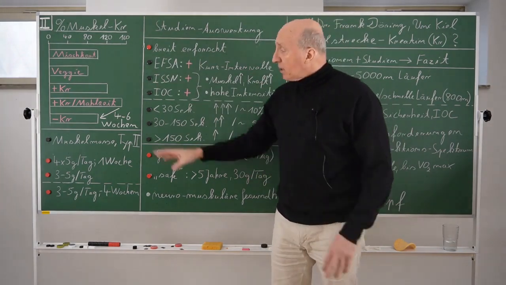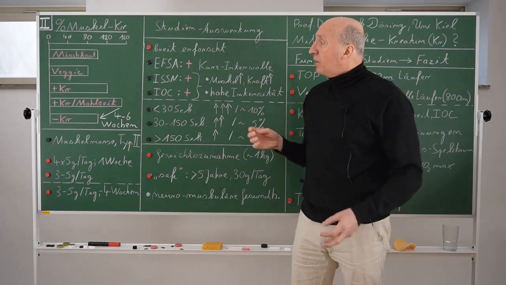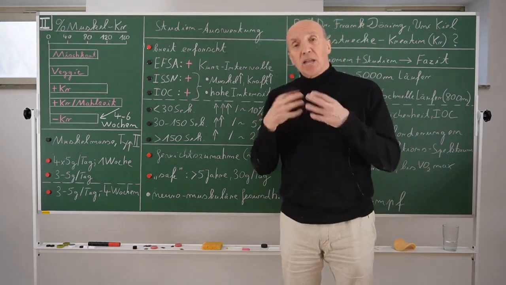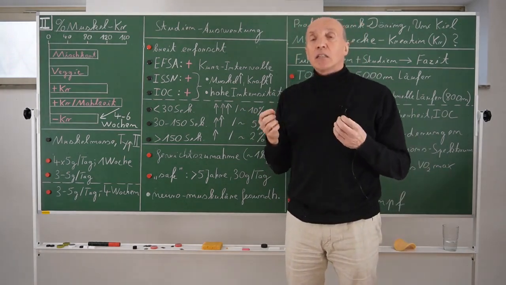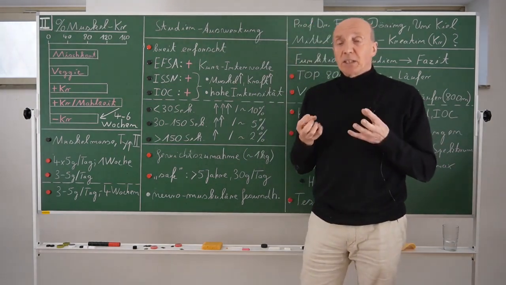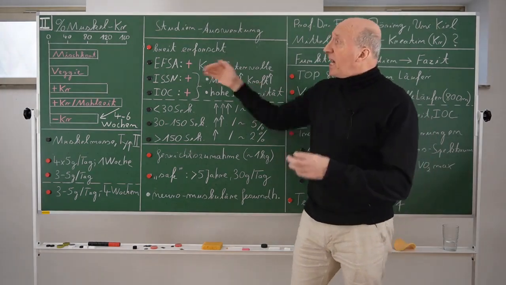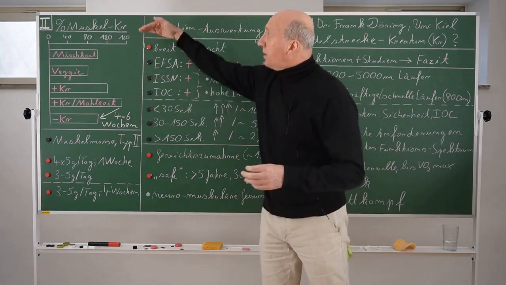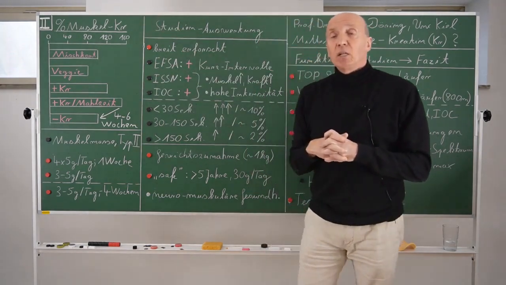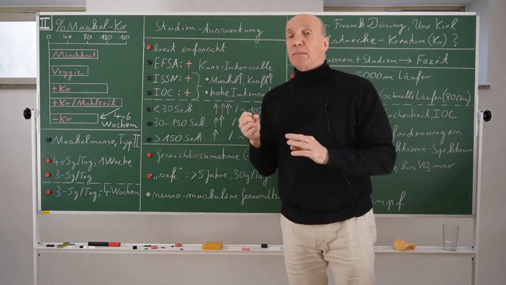So there are 2 different protocols that ultimately lead to the same result, namely a 20 up to 40% increase in intramuscular creatine concentration. The decisive question now is, of course, whether these increased muscular creatine concentrations also lead to an increase in performance.